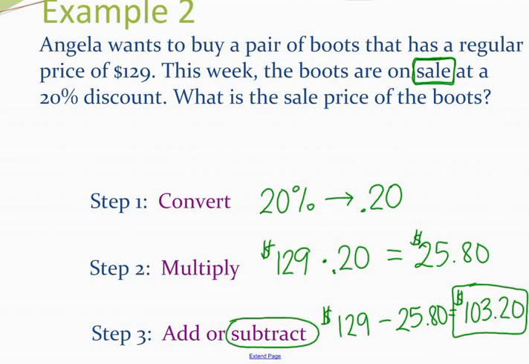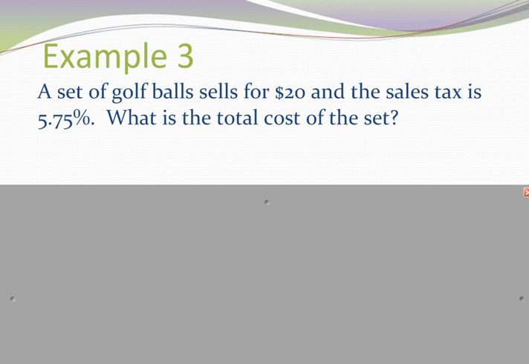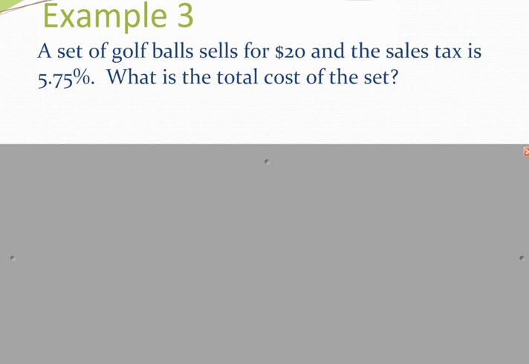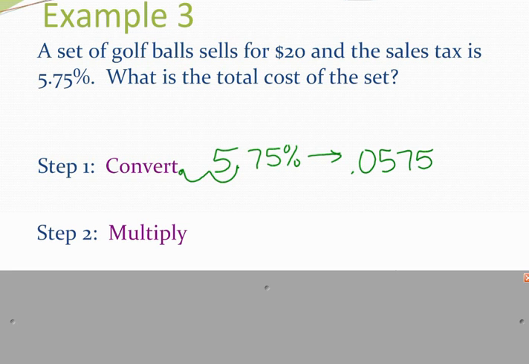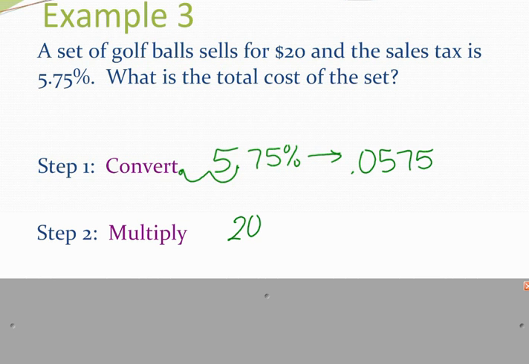Right? Our last example, number 3. A set of golf balls sells for $20, and the sales tax is 5.75%. What is the total cost of the set? Well, we convert. Right? We multiply $20 for the golf balls.